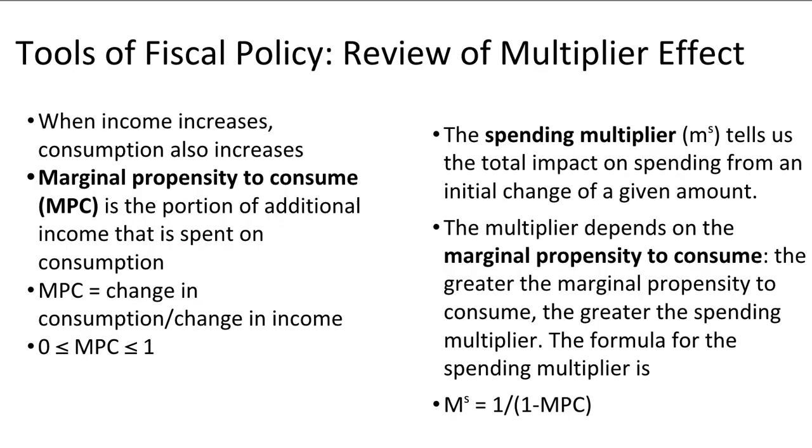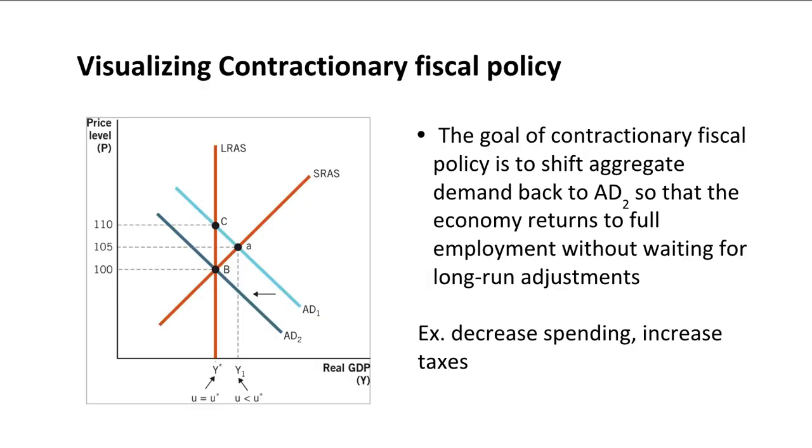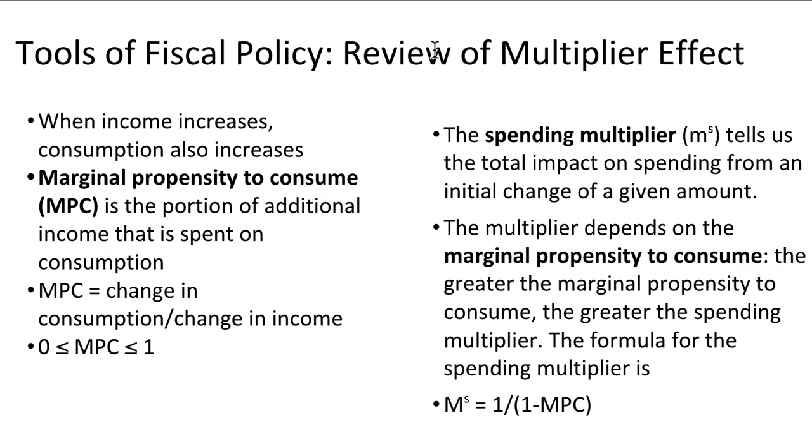So remember, we want to connect our visualization of expansionary and contractionary fiscal policy to the tools of fiscal policy we already took last week. This idea that income increasing, so the government spending more money, actually has a ripple effect throughout the whole economy, and consumption also increases.